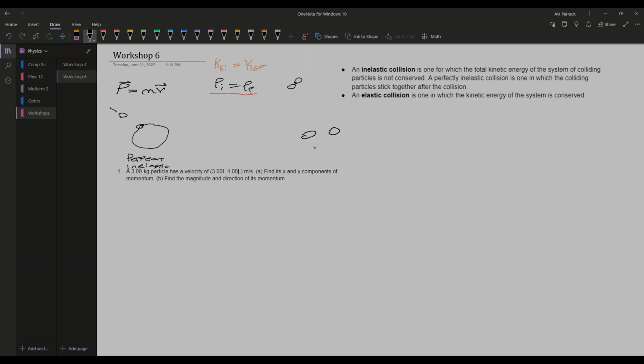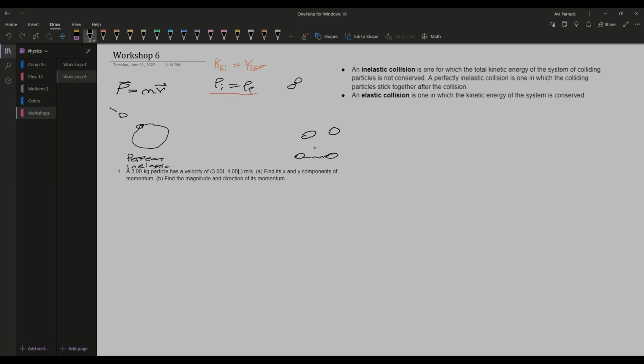In an elastic collision, though, this is one where the kinetic energy of the system is conserved. And really, this is an approximation, because in an elastic collision, if instead of billiard balls we imagine particles, they kind of need to never touch. They need to have this spring-type force between them. They don't really actually collide, and there's no energy that goes anywhere else.